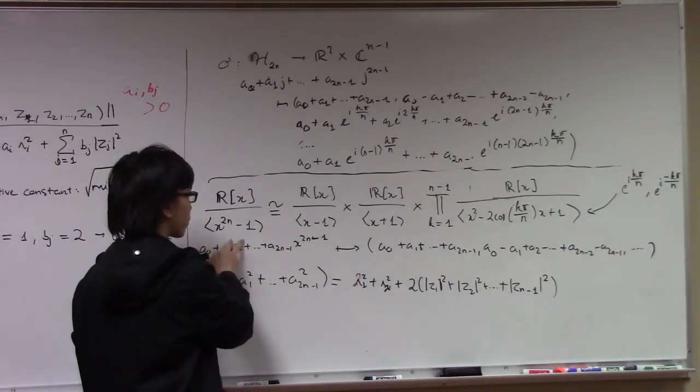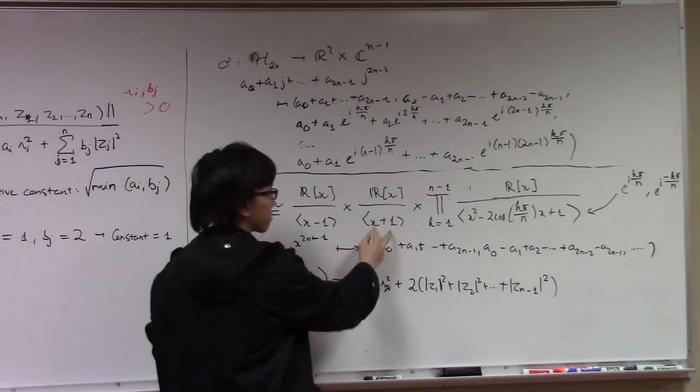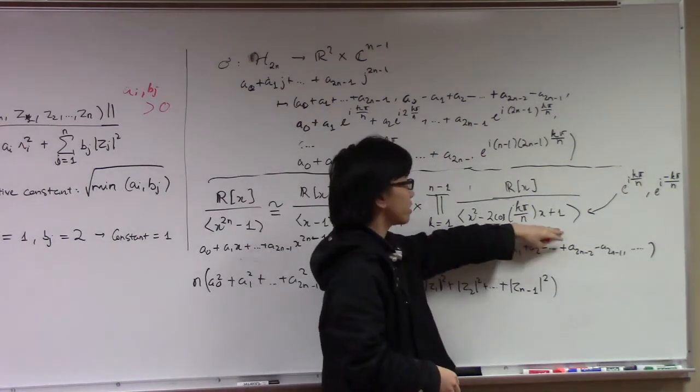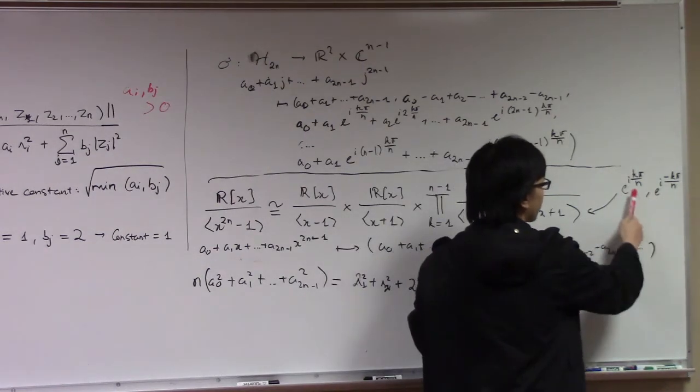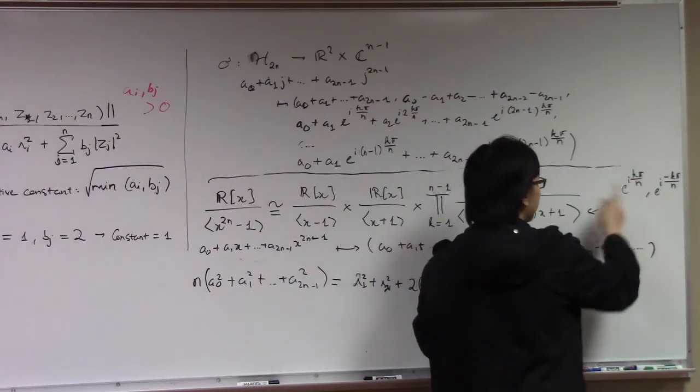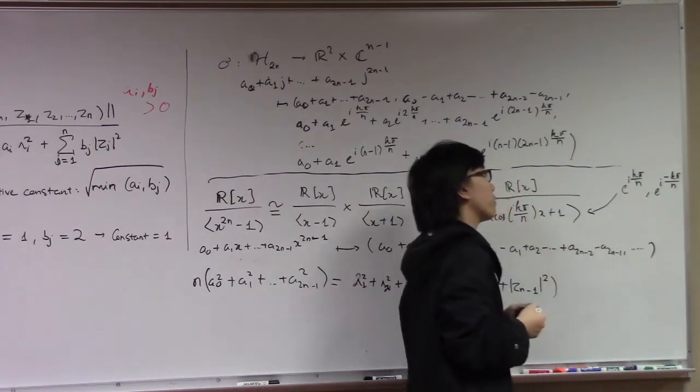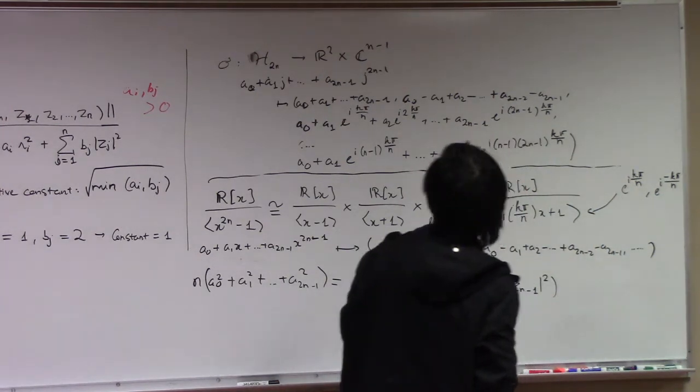I factorize this into x minus 1, x plus 1, and these quadratic polynomials that come from the two roots, e to the i k pi over n and e to the minus i k pi over n.